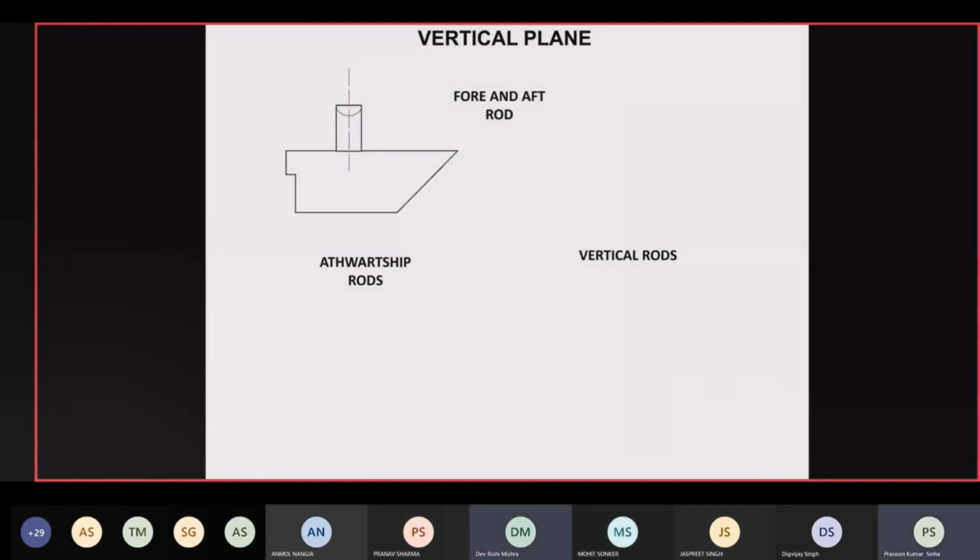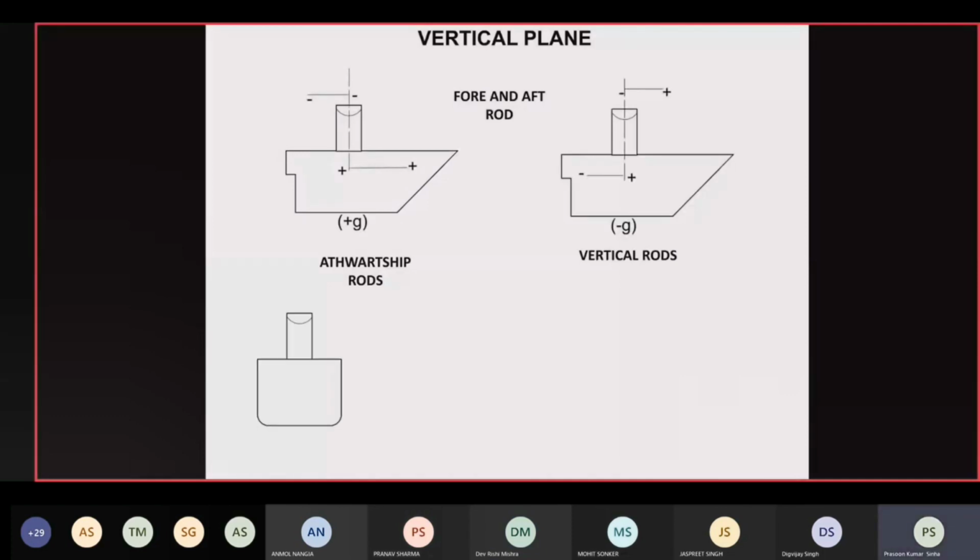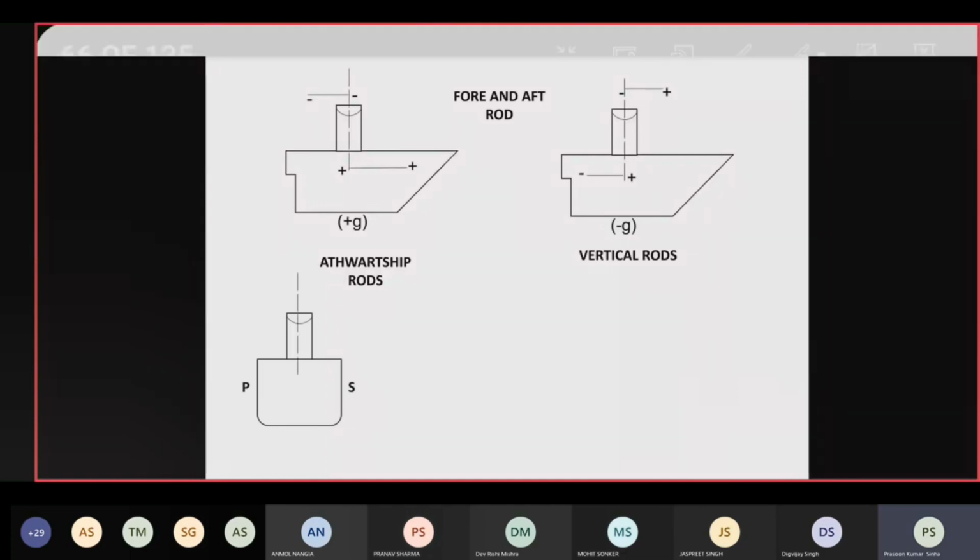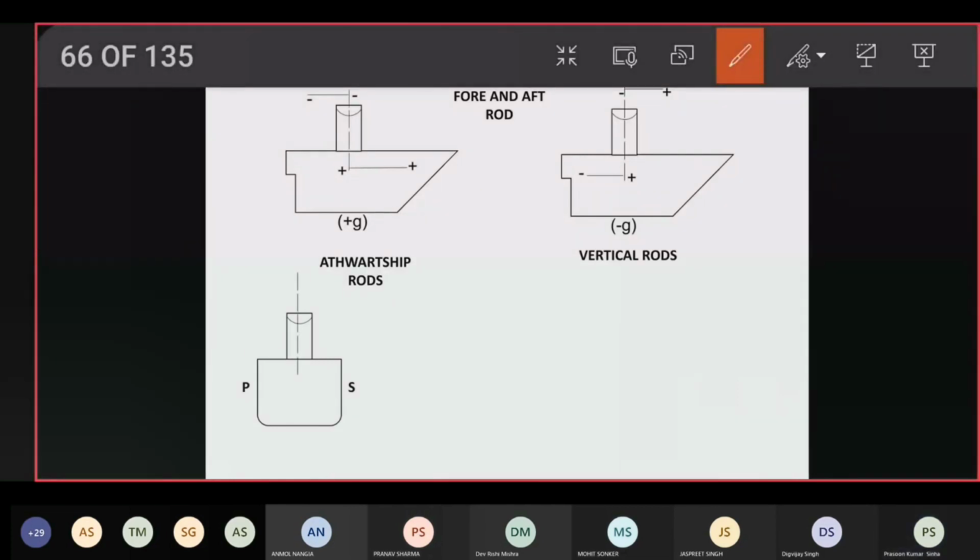Then vertical plane. Up and down we are looking at. Up and down में there can be a forward aft rod. There can be a thwartship rod.